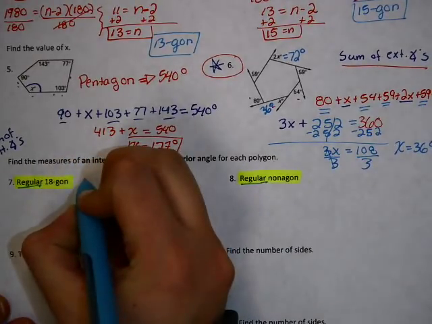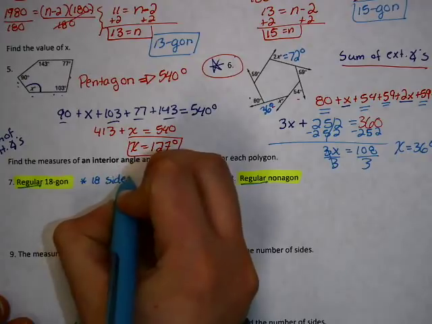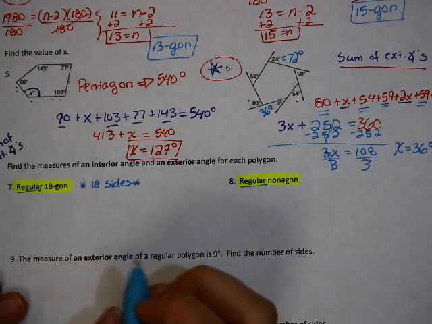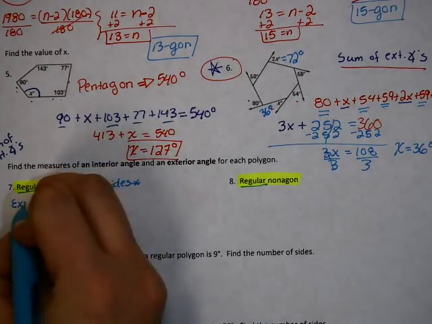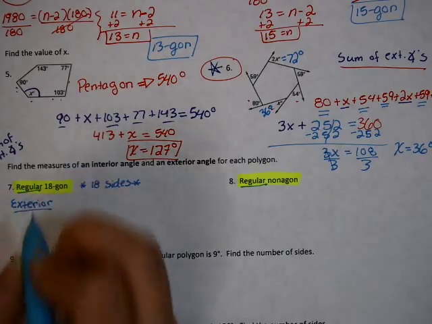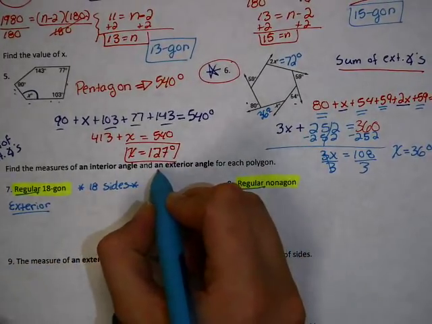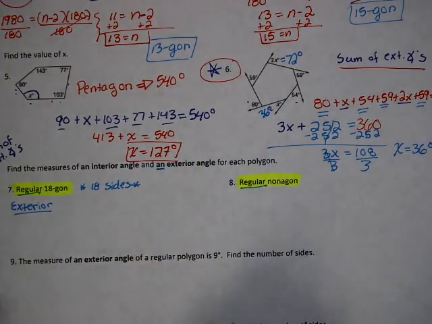So an 18-gon means I have 18 sides. Let's start by looking at the exterior angle. I can find the measure of one exterior angle because it is a regular polygon. An exterior angle means I just want the measure of 1.